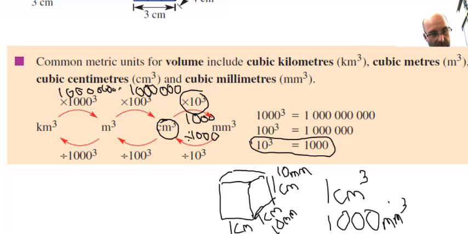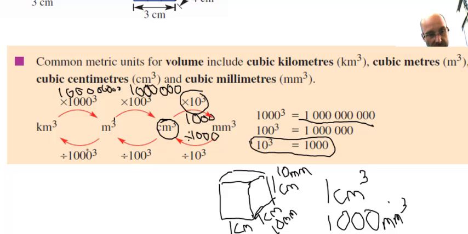I don't think I'm going to fit that in, but you get the idea. You can see 1 billion over here. So to go from kilometres cubed to metres cubed, we multiply by 1 billion. Metres cubed to centimetres cubed, we multiply by 1,000,000, and then it's 1,000 from centimetres cubed to millimetres cubed.